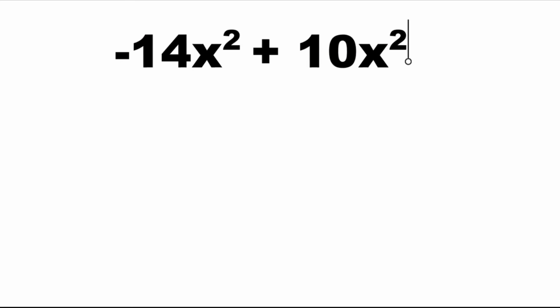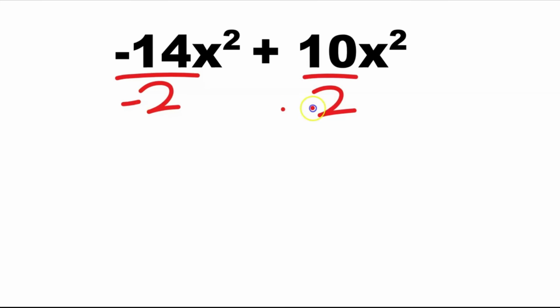So let's say I'm looking at these 2 terms, and 14 and 10, they both have a 2 in common. 2 goes into both of these numbers. That's the biggest number that'll go into 14 and 10. But I'm going to factor out a negative 2 because the coefficient in the front was a negative 14. So that's how I know if I'm going to factor out a negative or a positive.